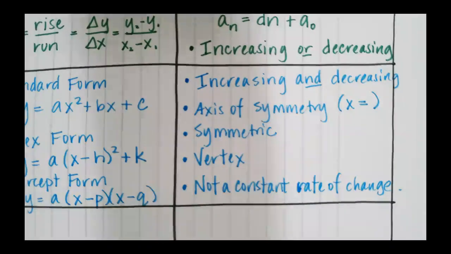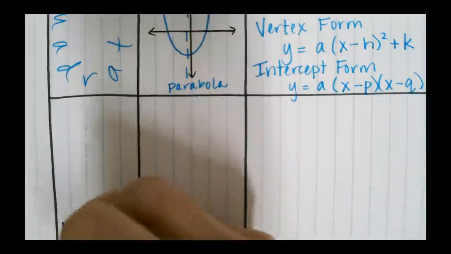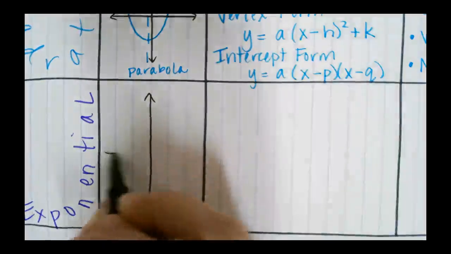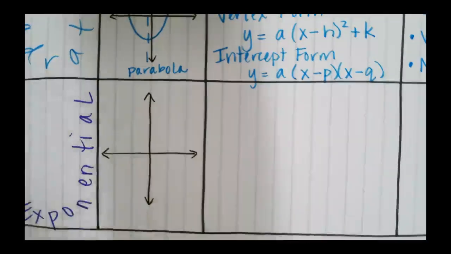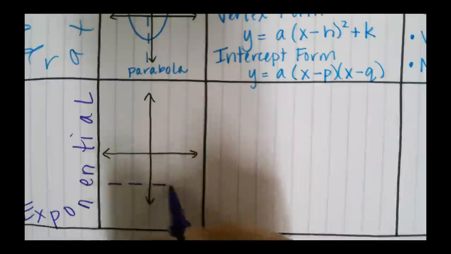All right, moving on to exponential. For exponential functions, I'm going to write like that. When we graph an exponential function, we get an exponential curve, and it can go in different directions.